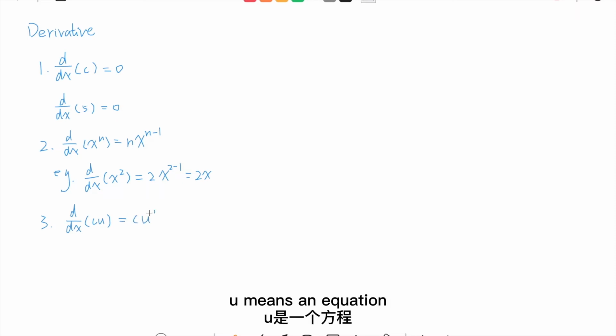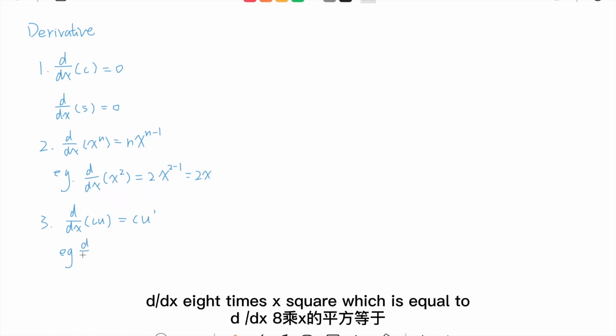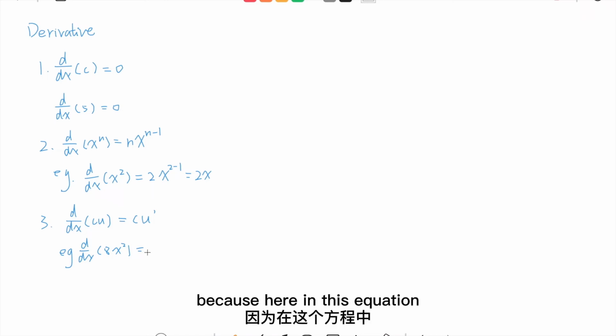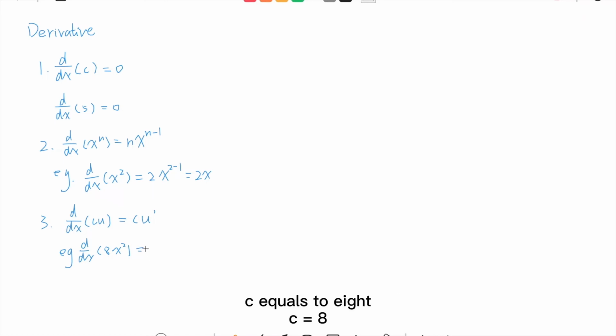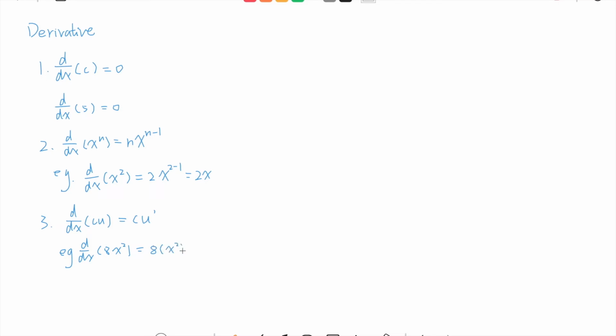U means an equation, and for this formula we could have an example like this: d/dx of 8 times x squared. Here c equals 8, so the answer will be c times the derivative of u, and u equals x squared, so the answer will be 8 times the derivative of x squared.